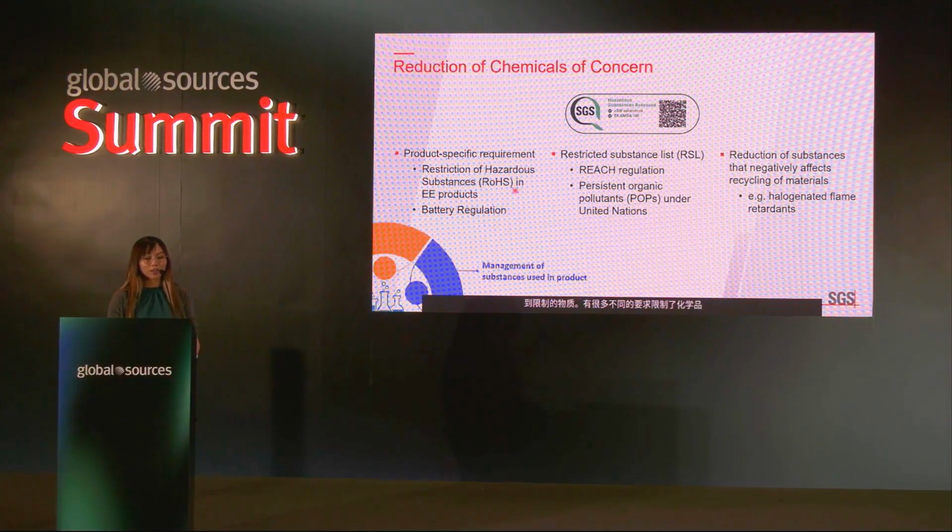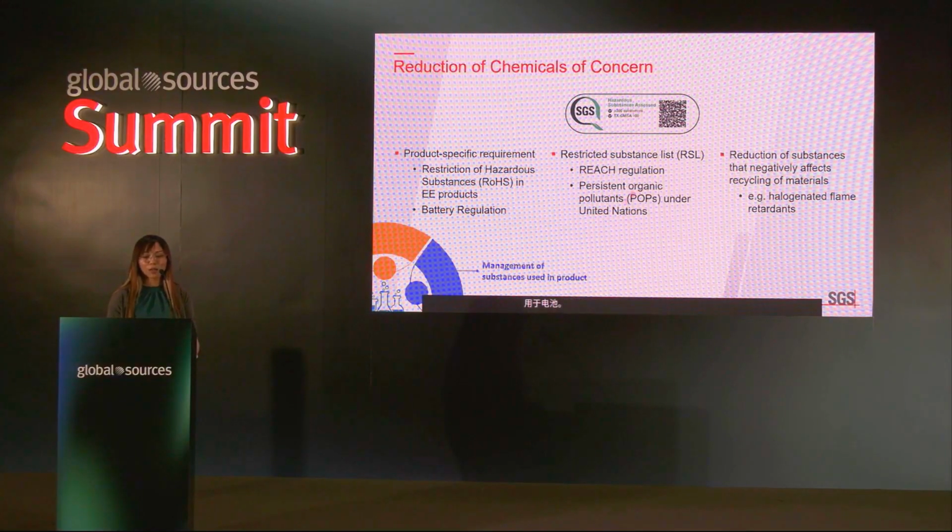First, there are the product-specific requirements, including the well-known RoHS requirement in electronic products in different areas, including the EU as well as other markets. And we also have the battery regulation that has the heavy metal requirements for batteries.